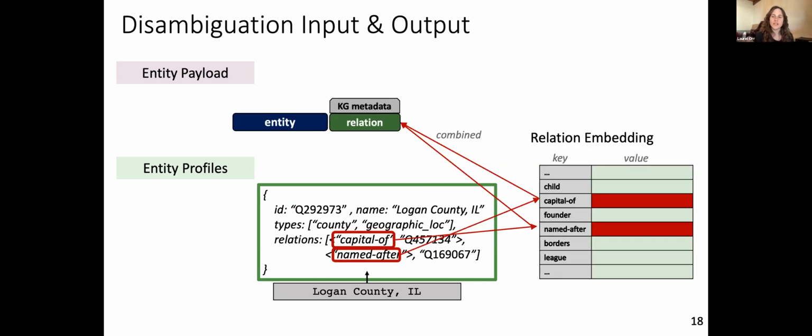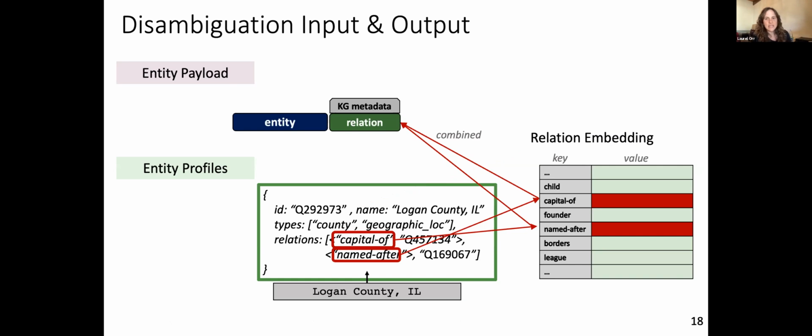We then repeat the process for its relationships. So here you see that Logan County has a capital of relationship and a named after relationship. So I use those to query a similar embedding matrix that's over relations, and also add that to the payload. Now, critically, every entity that has a capital of relation is going to get the same embedding representation added to its payload.